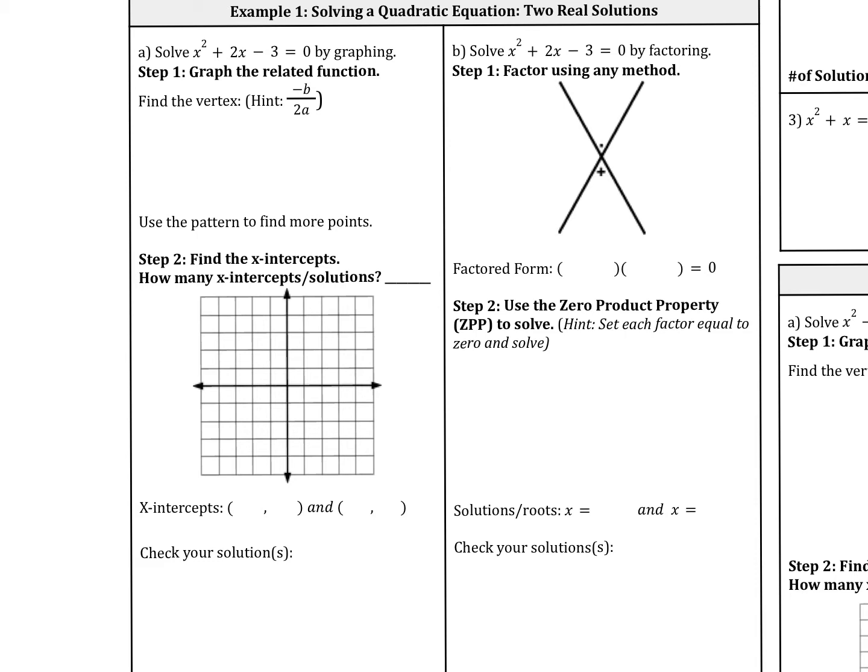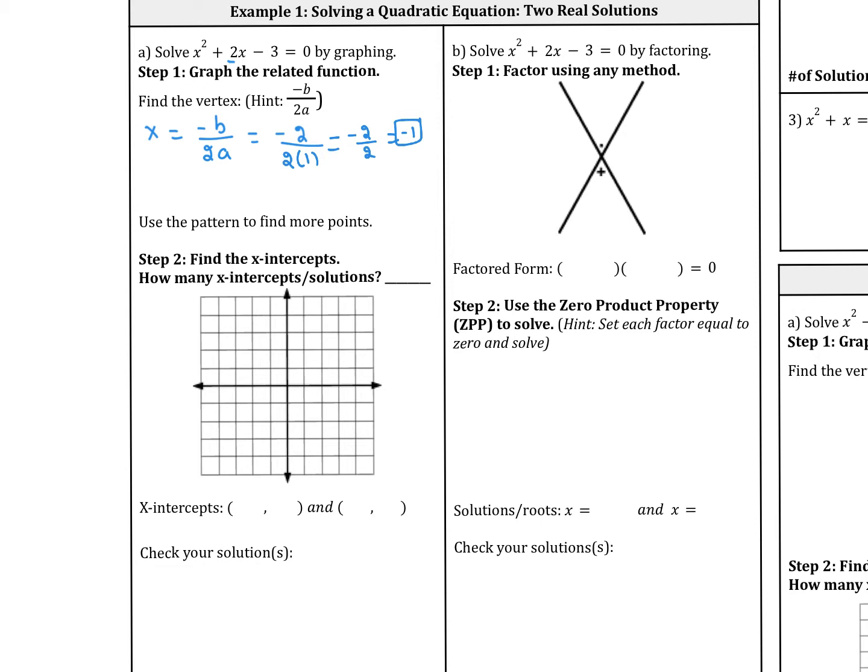First you find the x coordinate of the vertex using the formula negative b over 2a. In this case, b is 2 and a is 1, so negative 2 over 2 times 1, that is negative 1.